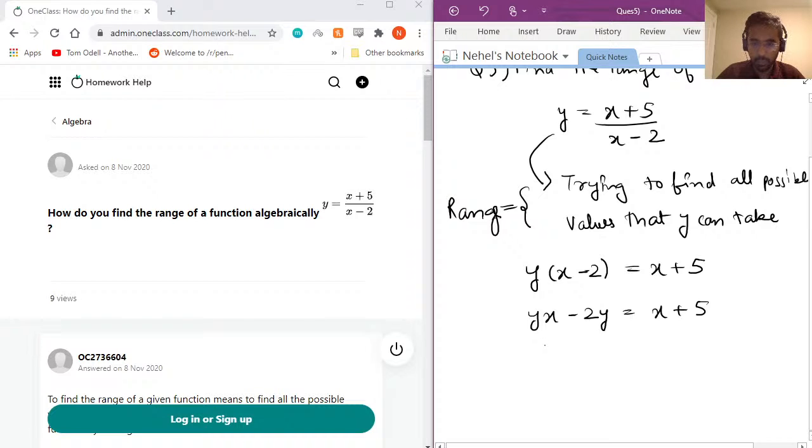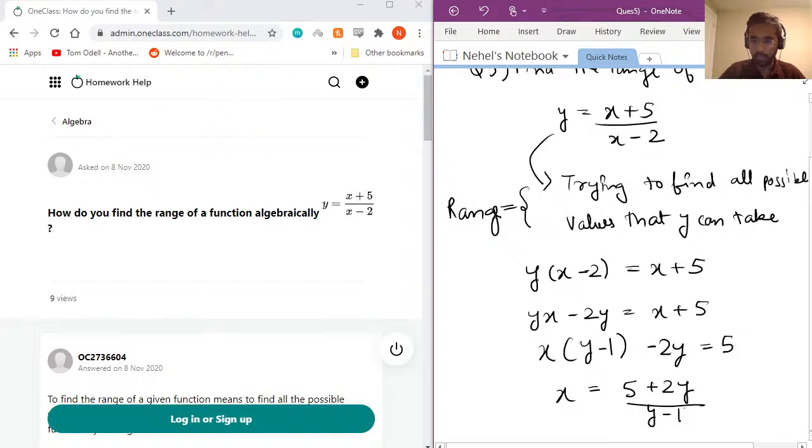This goes to the other side, x becomes common, x of y minus 1 minus 2y is equal to 5, so x equals 5 plus 2y over y minus 1.